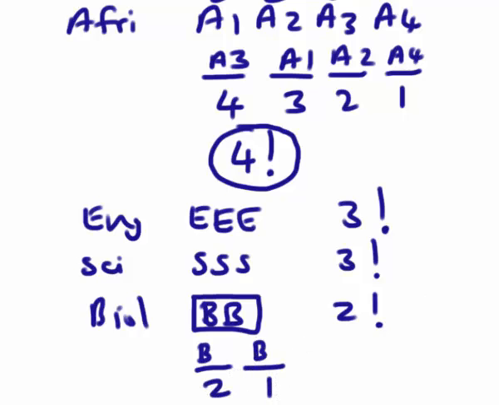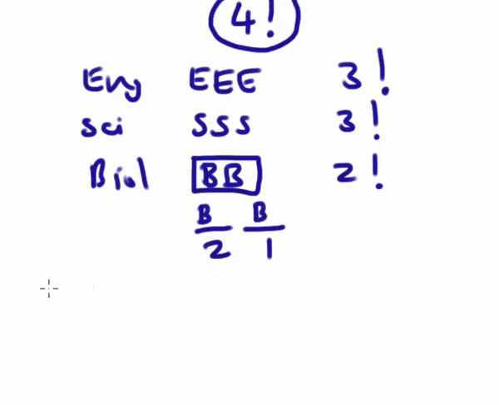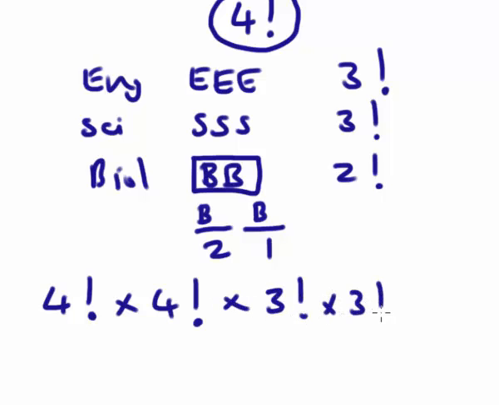Okay, so according to the counting principle, the way that the objects can be arranged together is 4 factorial. The Afrikaans can be arranged relative to each other, 4 factorial. The English is going to be 3 factorial, the science 3 factorial, and the biology 2 factorial. So let's just check that again.